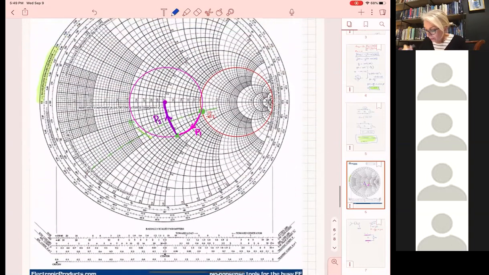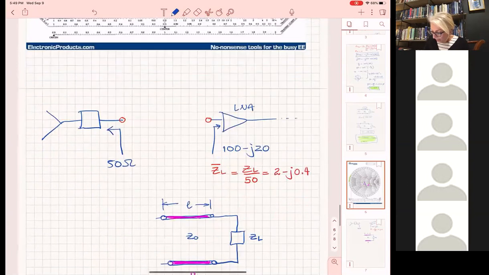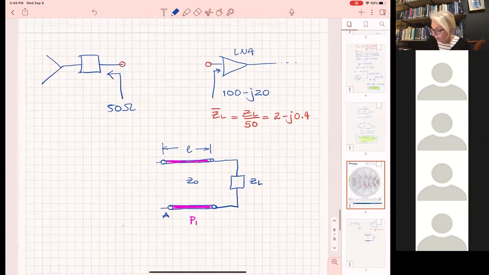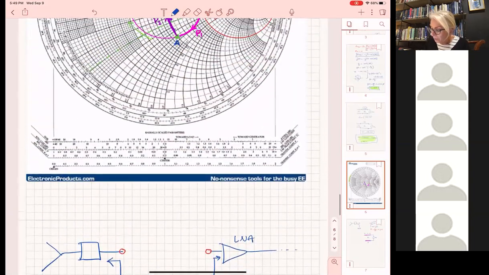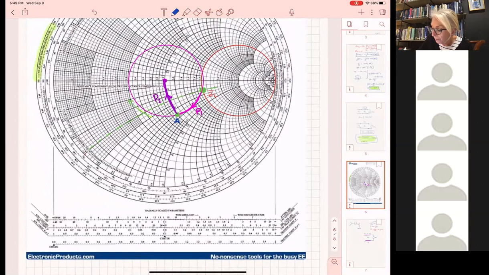Here is what we are going to do. We are going to connect the center of the chart to ZL, and then the center of the chart to this point. Let me call this point A. This point A is practically here. And let me call this other point, where ZL is, point B for now.